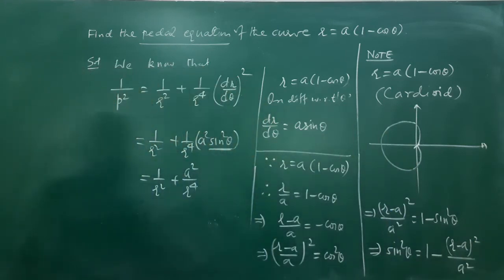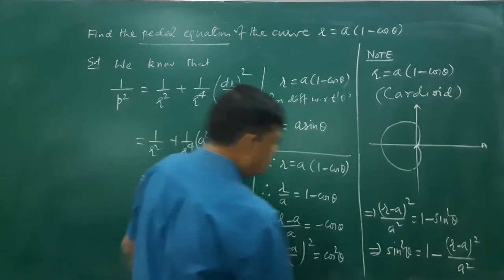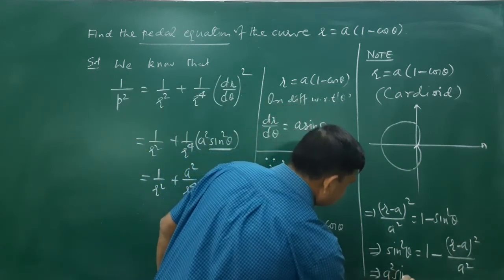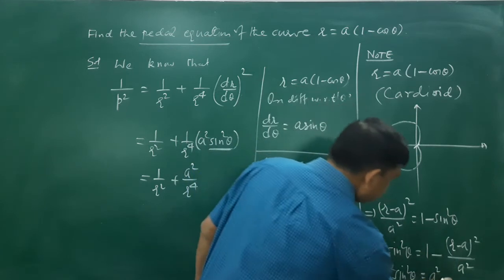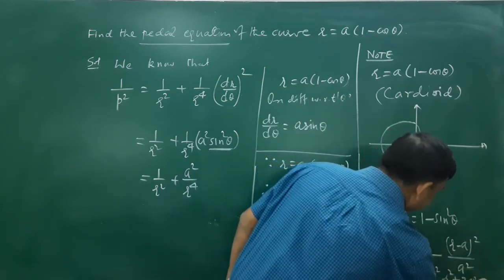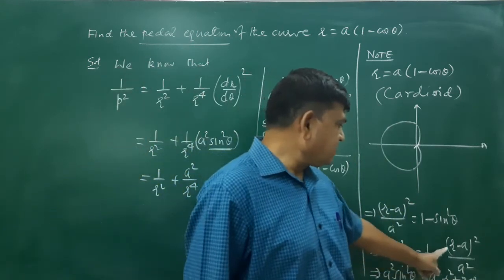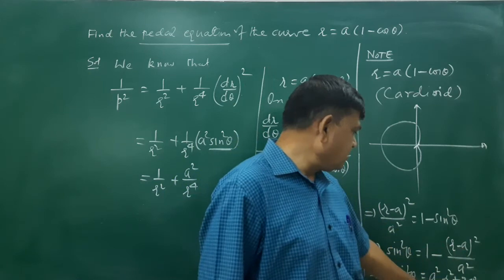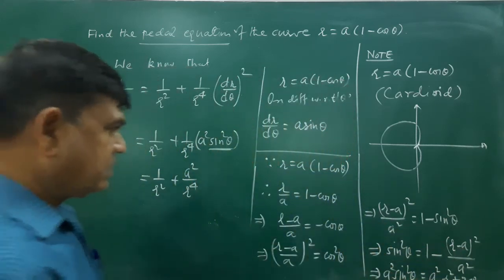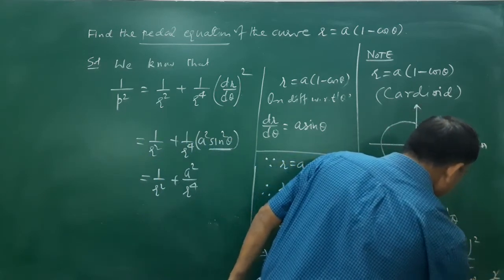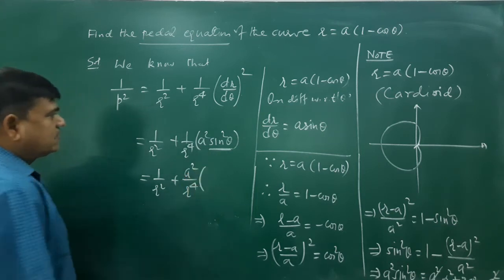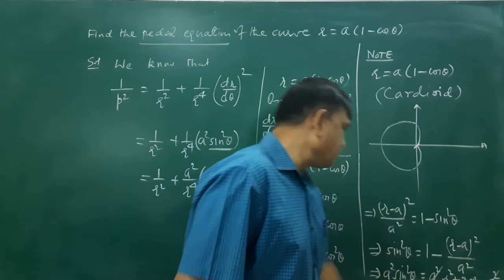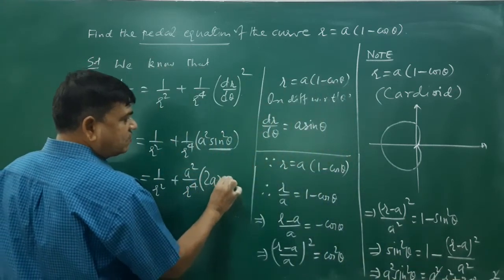Or a square sin square theta equals a square, taking the LCM, minus r square plus 2ar minus a square; a square minus a square cancels out. So a square sin square theta equals 2ar minus r square.